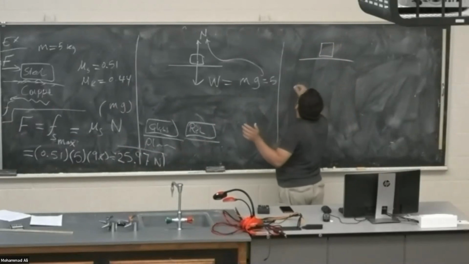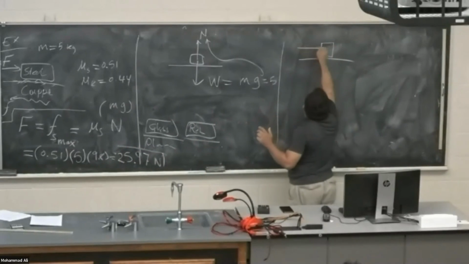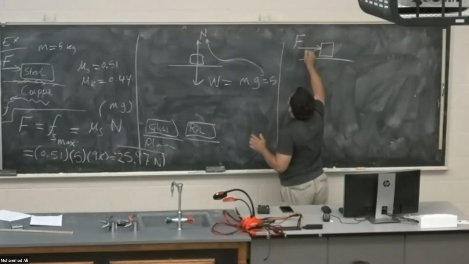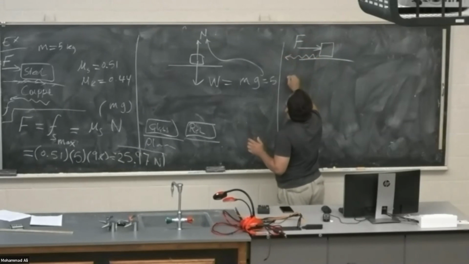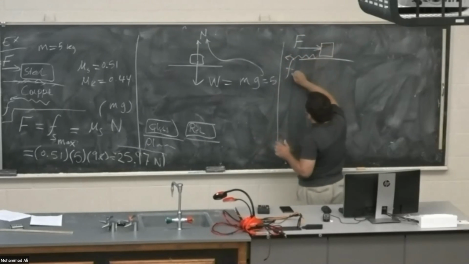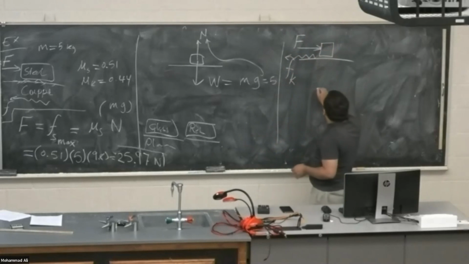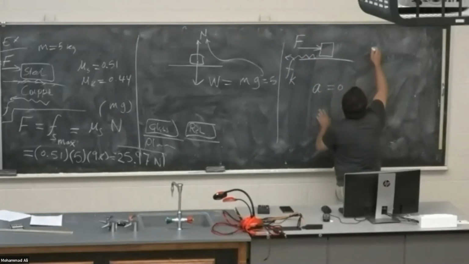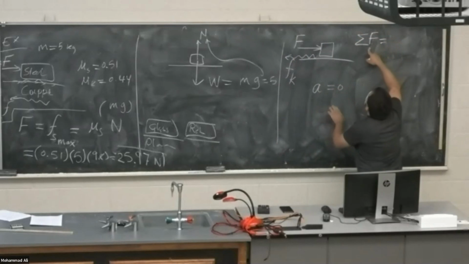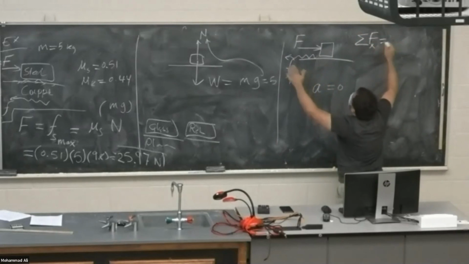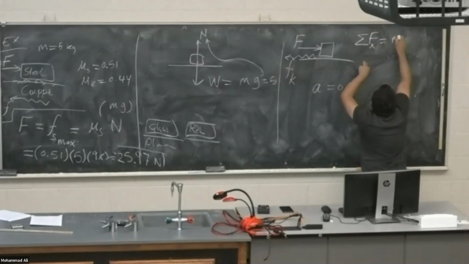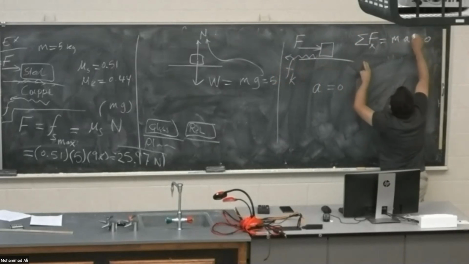I have the applied force in this direction, and this is the frictional force. Now the object is moving, so this is the kinetic frictional force. Because the acceleration is equal to 0, from Newton's law, the summation of F, just on x, is equal to ma, which should be equal to 0.